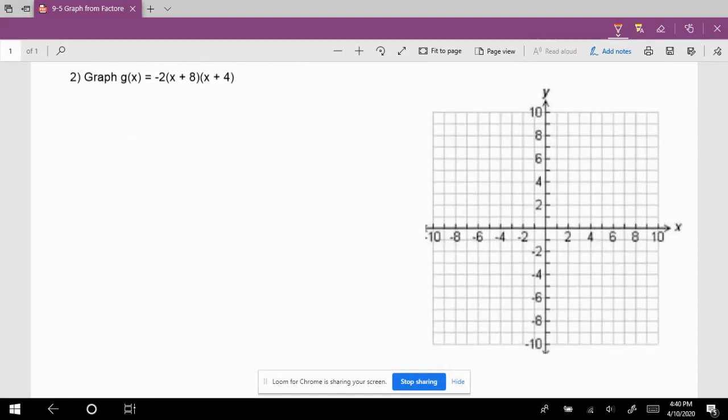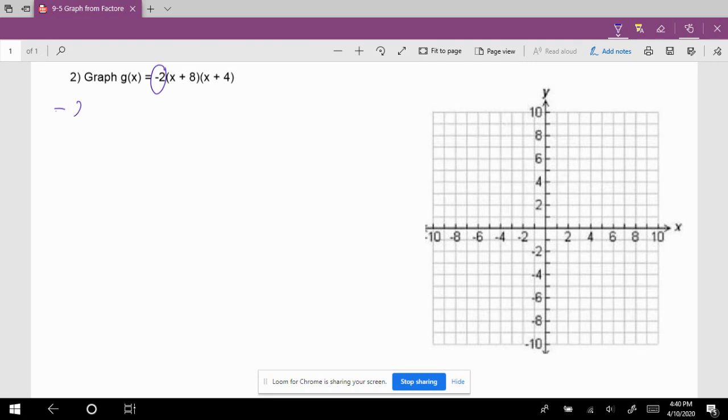And that is this one here, number 2. The first thing we notice is that this number out front is negative. What does that tell us about the parabola? That tells us this is going to be a negative parabola, which means it's going to open down. From here, the first thing we do is find our x-intercepts.